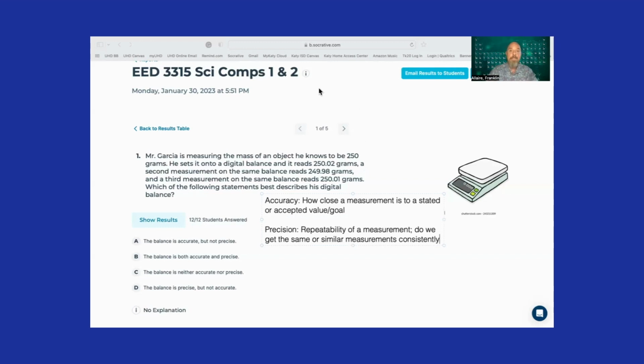So that means that this balance is both accurate and precise. This would be the correct answer for number 1.